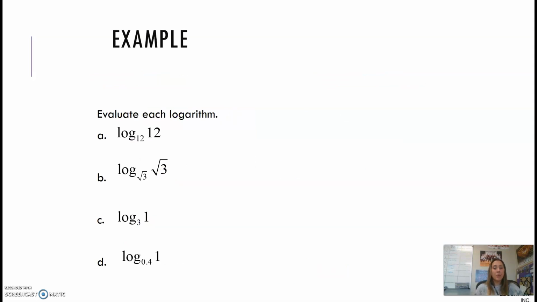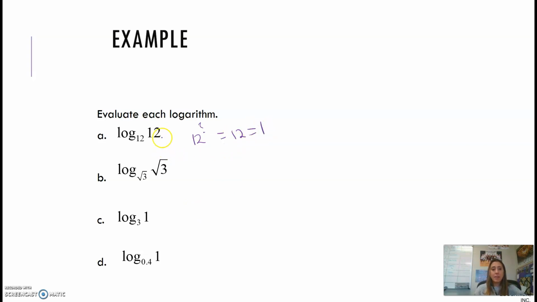we want to evaluate each logarithm. So when we look at these, I want to rewrite it. I don't know what the power is, but I'm going to have 12 to some power is going to be equal to 12. So we know that it has to be 1.